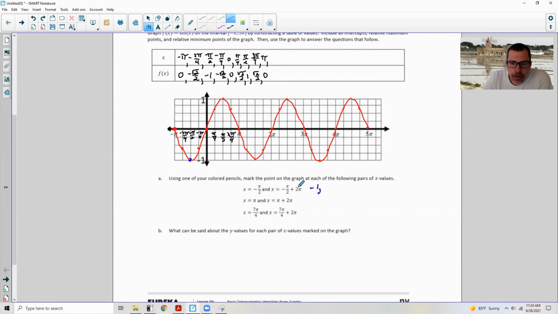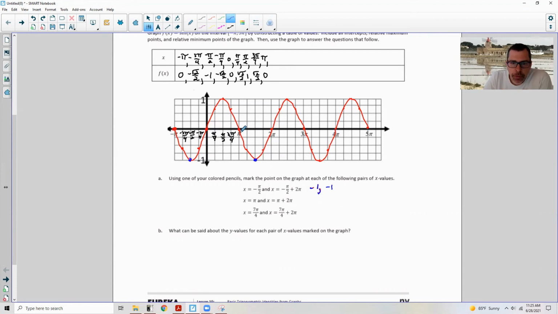Well, that'd be going from here, adding pi. How far is pi? 4 squares. 1, 2, 3, 4. That's pi over 2. That's 1 pi. 1, 2, 3, 4 would be 2 pi. And that puts me right here at negative 1 again.